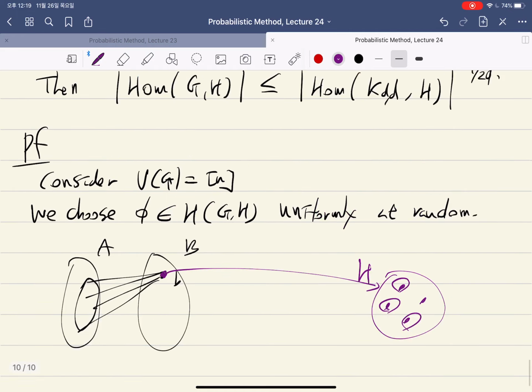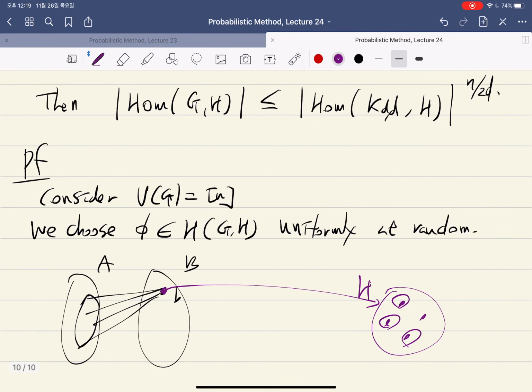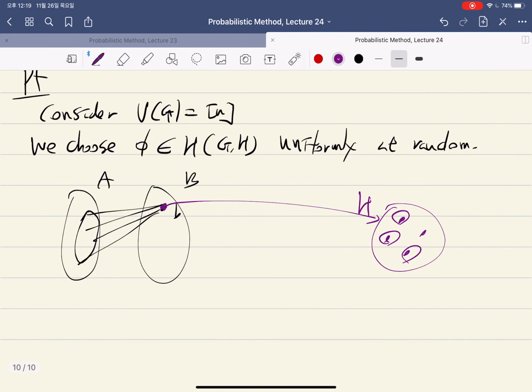We have to map it so that it becomes a homomorphism, so it depends on where its neighbor is already mapped to. Once this mapping is fixed, then we have a choice for where this goes.